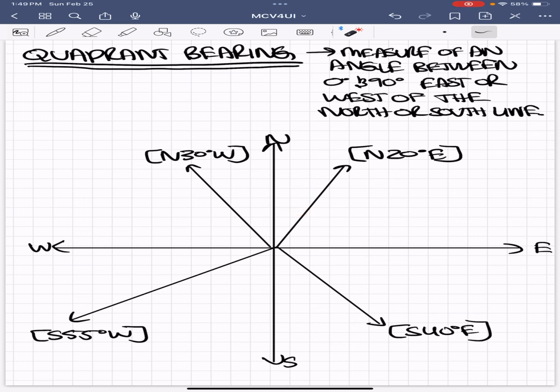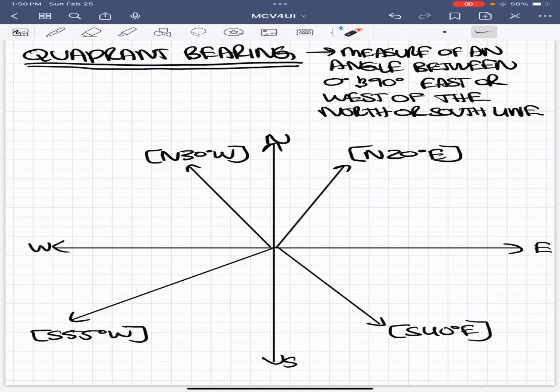If we saw this, north 20 degrees east, we would just go 20 degrees from the north line, make our vector or our arrow 20 degrees, and then that would be our vector, and it would be placed properly.